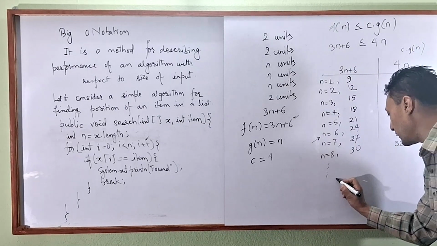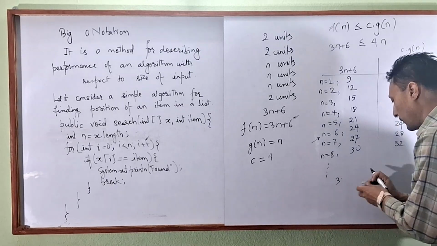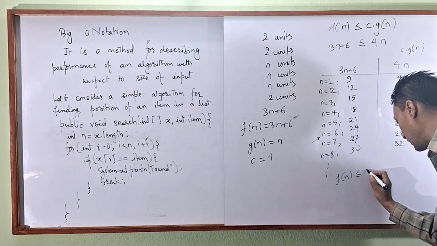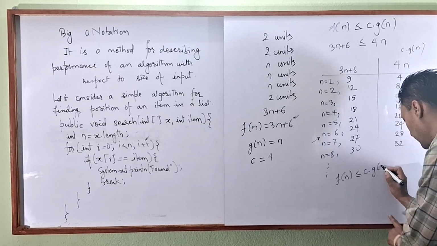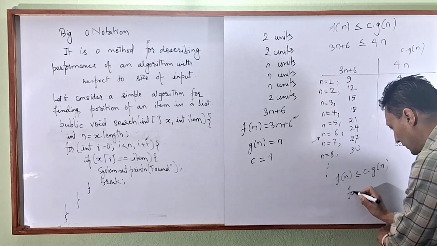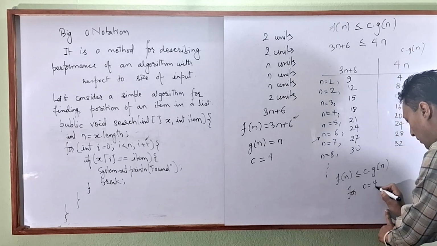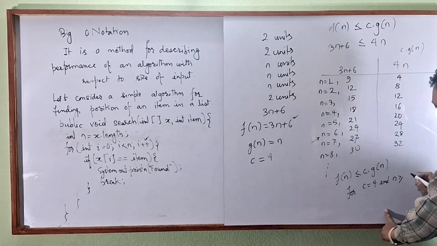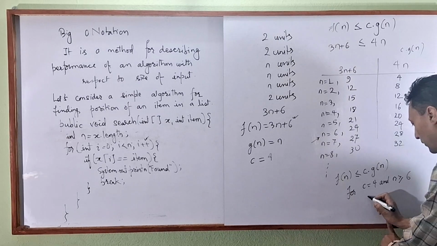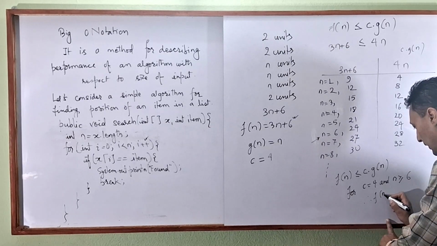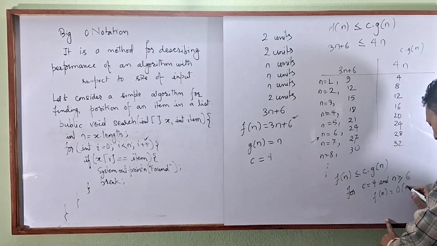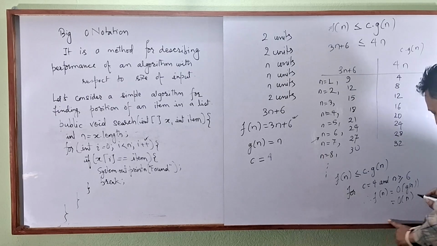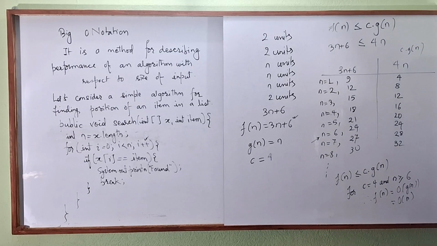So what we can say here is f of n is now less than or equal to c dot g of n for c equal to 4 and n greater than or equal to 6. So therefore this function f of n is equal to O of g of n. Here our g of n is n. Okay, so in this way we can show this.